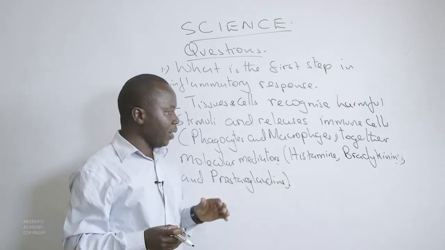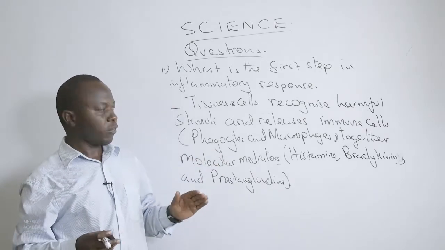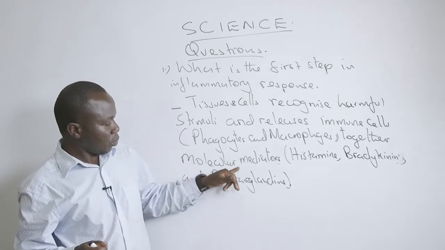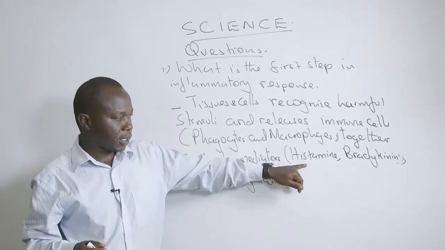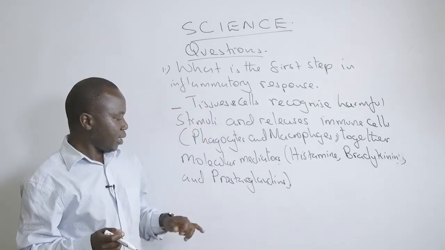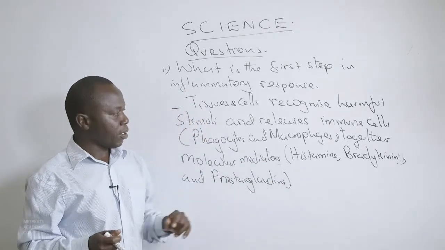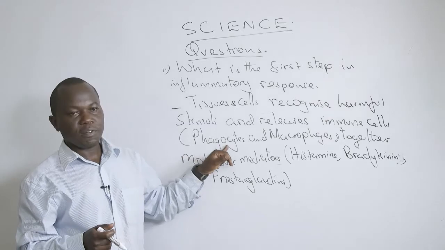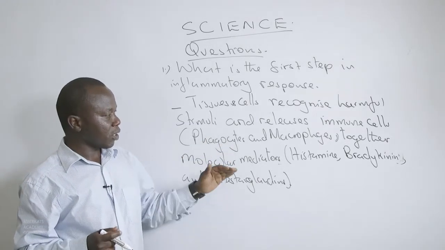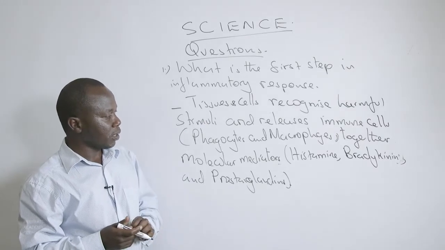So this is the first step, and then the rest of the reaction will follow. Most of the reaction will be due to molecular mediators: the effect of histamine, the effect of bradykinins, and the effect of prostaglandins, together with the effect of phagocytes. So you can remember the effect of each one of these.